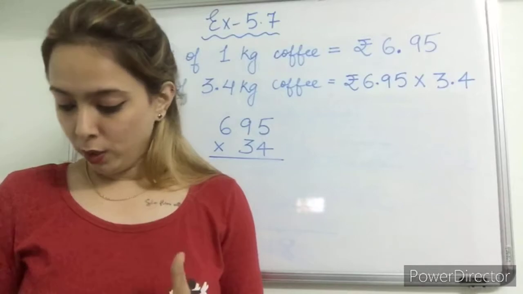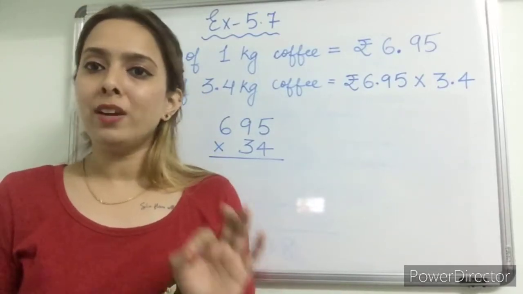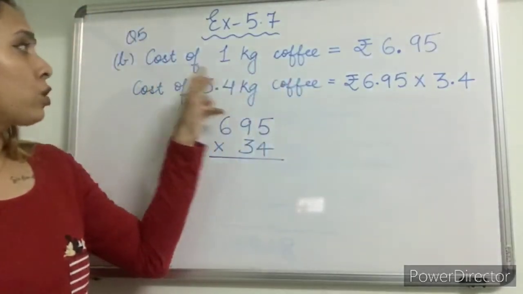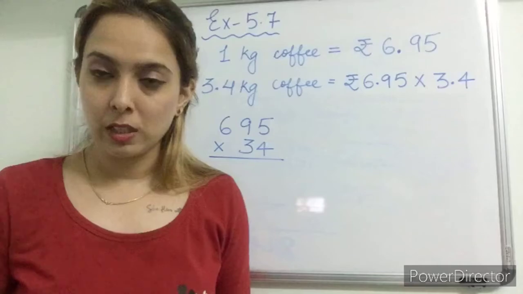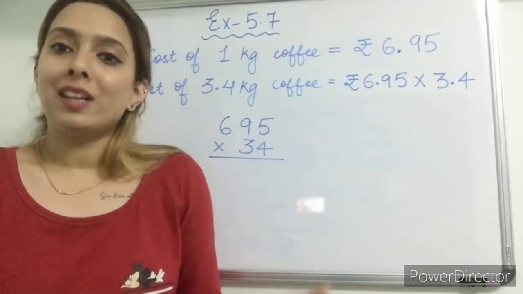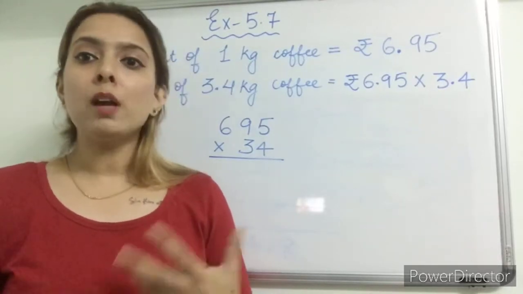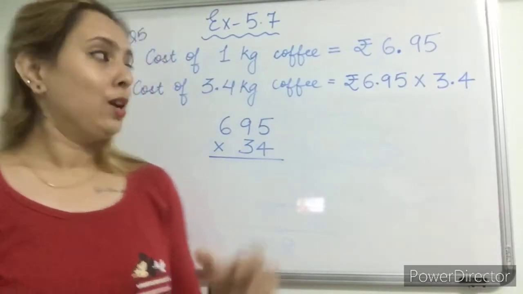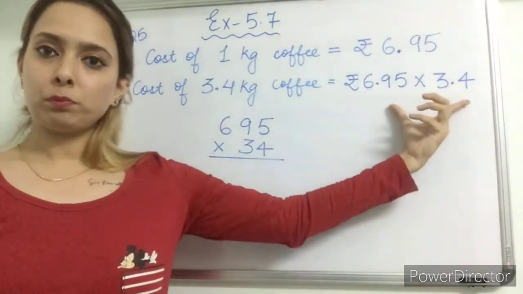Here the cost of 1 kg of coffee is given, 6.95 rupees. We have to find the cost of 3.4 kg. The value for less is given and it is asking for more, so it means we have to perform multiplication. So the cost of 3.4 kg coffee will be this.